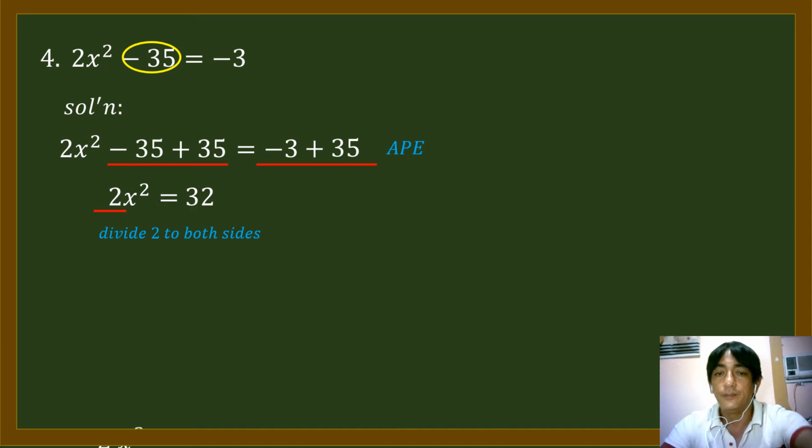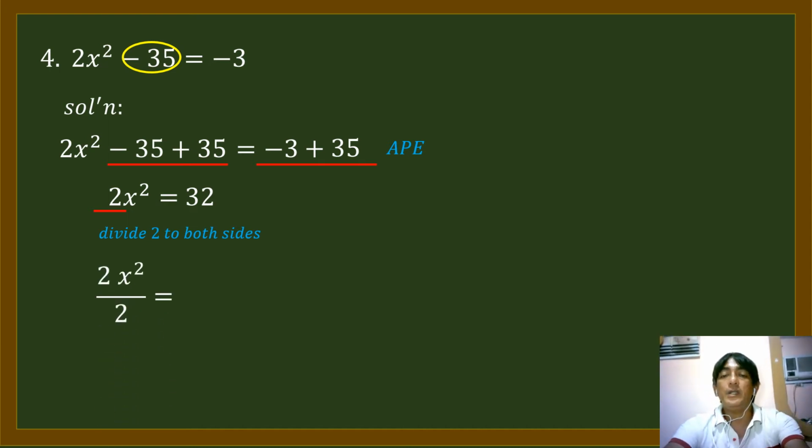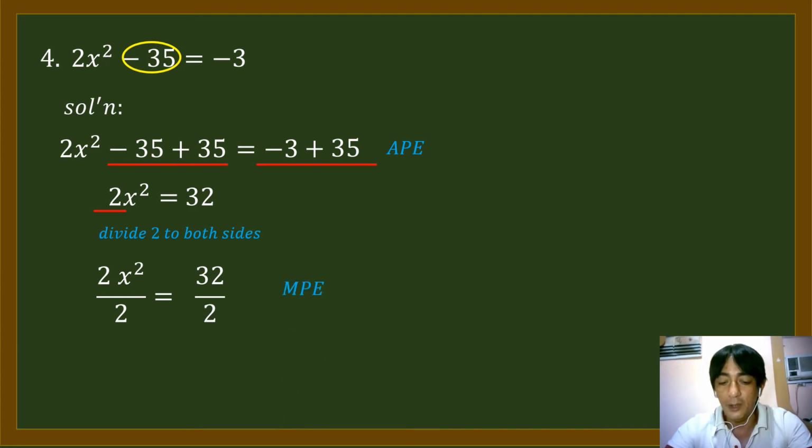Okay, so 2x squared divided by 2 is equal to 32 divided by 2. We apply the MPE, or the multiplication property of equality. So, 2 divided by 2 will be 1, or x squared na lang. So, 32 divided by 2 is equal to 16. So, x squared now is equal to 16.